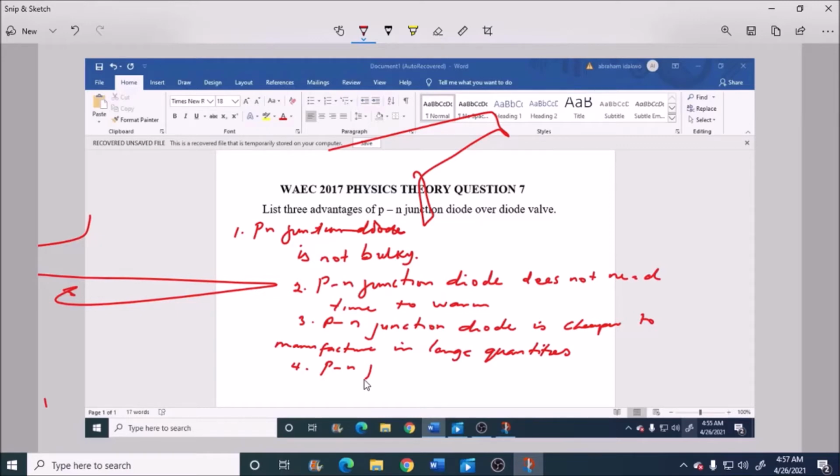So these are the advantages of PN junction diode over the diode valve. Number 1, the PN junction diode is not bulky. Number 2, it does not need time to warm. Number 3, the PN junction diode is cheaper to manufacture in large quantities, unlike the diode valve. Then the PN junction diode needs low voltage to operate.